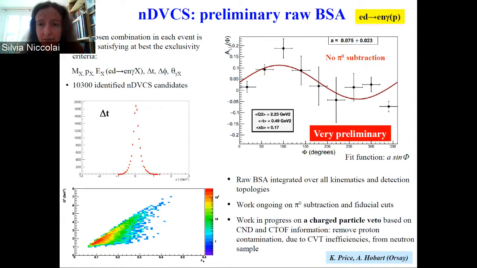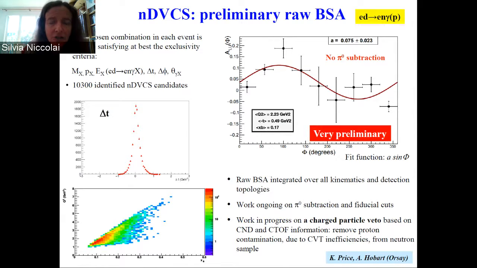So this result is preliminary, to be taken with a grain of salt. It's nice to see that there is a signal and that we have extracted the NDVCS final state.